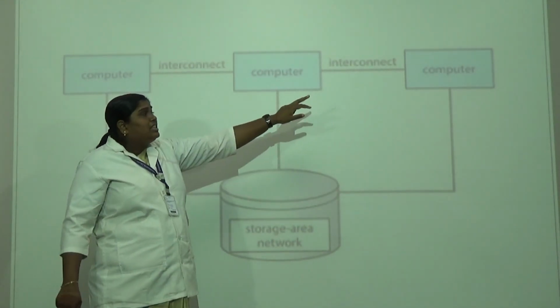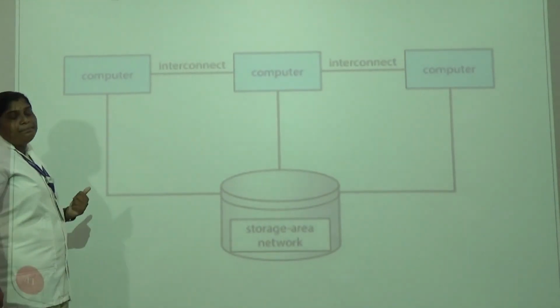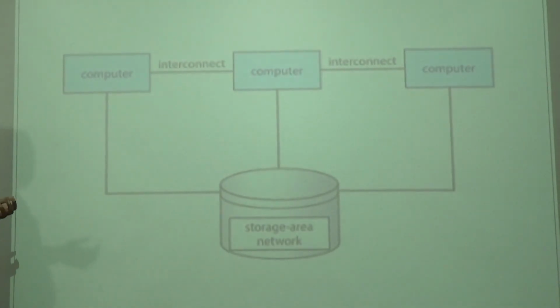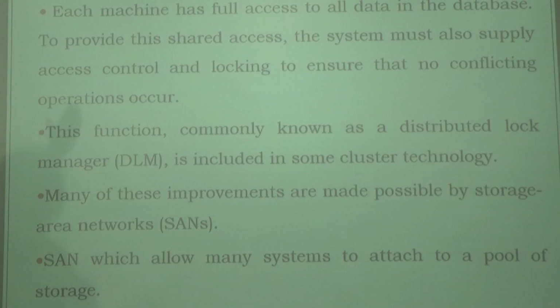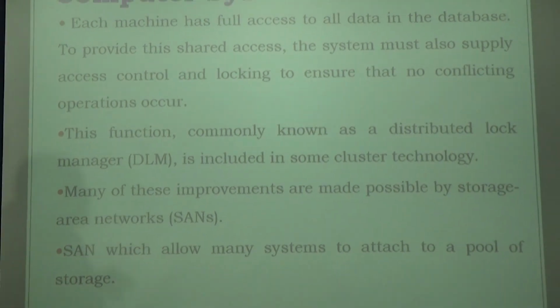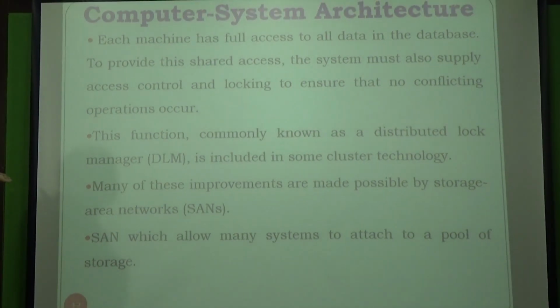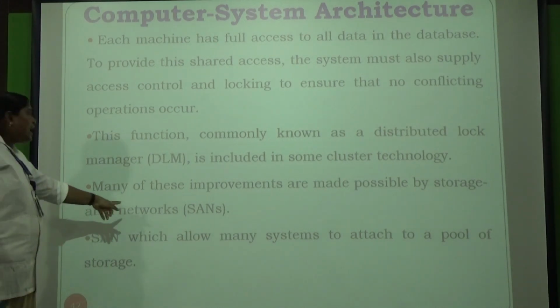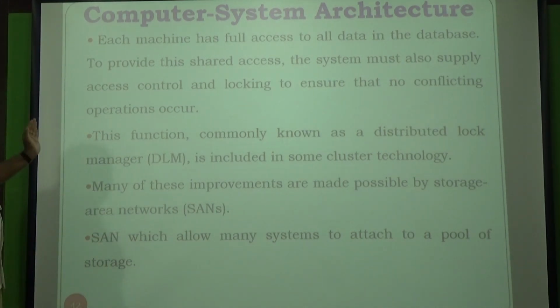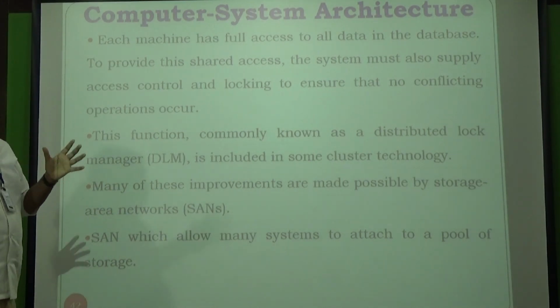It will directly communicate with the third system, and it will again resume the operation. Each machine has full access to all the data in a database, as we have seen in the previous diagram. So each and every system is going to use only one common storage. That is called a SAN, which commonly uses distributed lock management, because here all the systems have ownership of the storage.